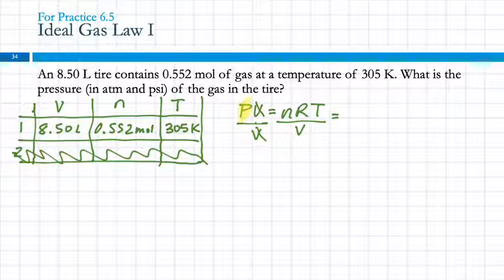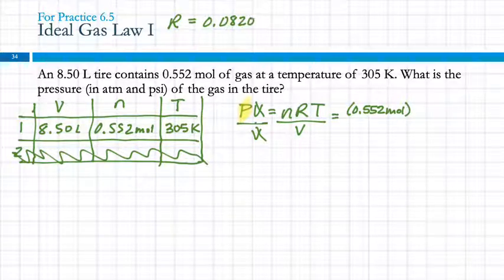So N is 0.552 moles. And R, it doesn't say anything about R. R is a constant. I'll give it to you on the exam, but it'll save you a lot of time if you memorize it. 0.08206, and the units are liter atmospheres divided by moles times kelvins.